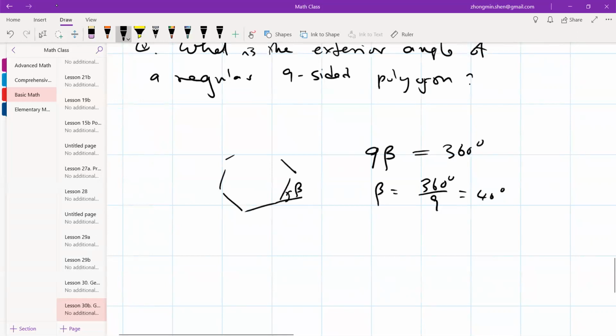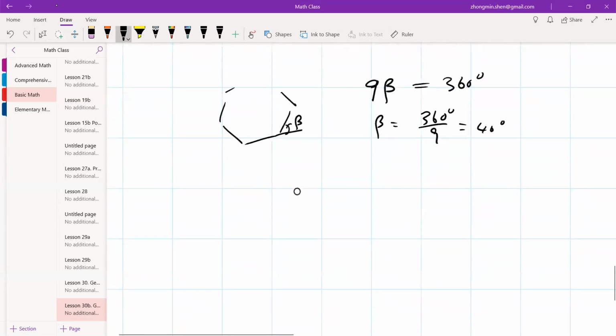If the polygon has 9 sides, then the exterior angle is 40 degrees. So the sum of exterior angles is always 360 degrees, independent of the number of edges.